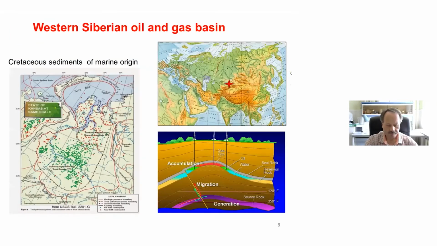Okay, now, after this introduction and explanation of methodological details, I would like to come back to our studies of the deep subsurface. The object of studies of my team is the deep subsurface aquifers in Western Siberia.